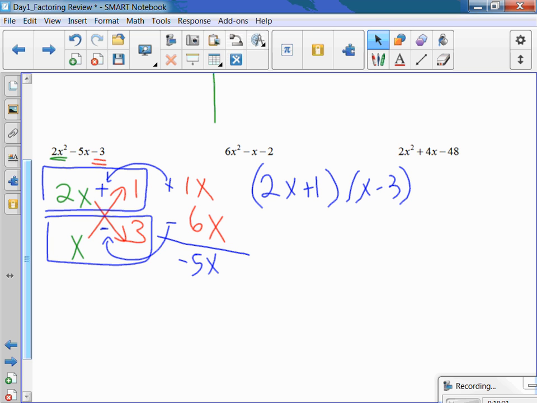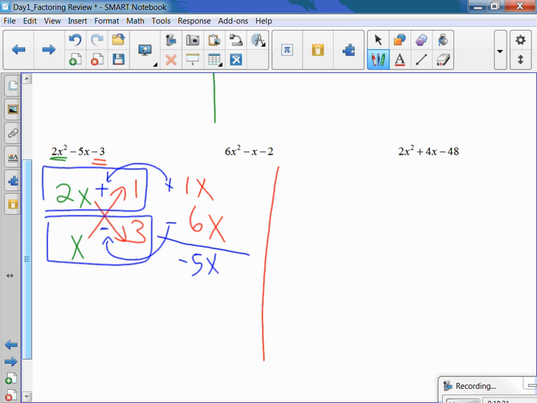What about this 6x squared minus x minus 2? Can we do the trial method here? Some of you may be able to say, okay.